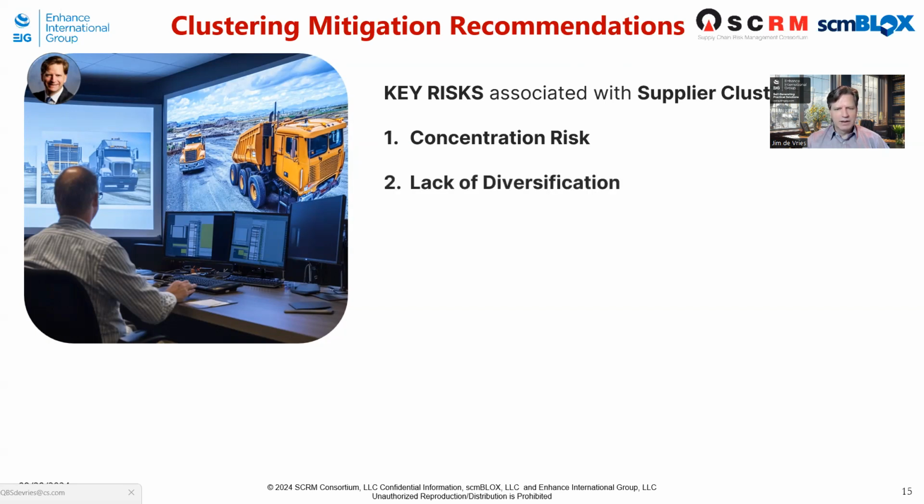The next is a lack of diversification. If one supplier fails, it can have a cascading effect on the entire supply chain, leading to delays and increased costs. So the dependence and interdependence between suppliers can be a real roadblock and a risk here.